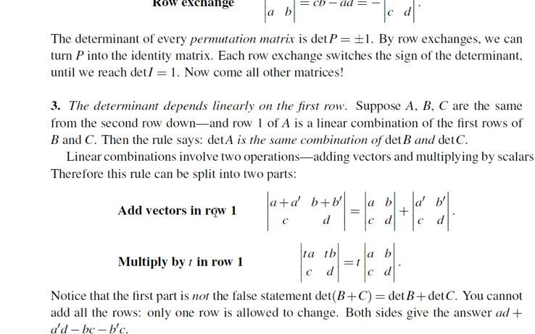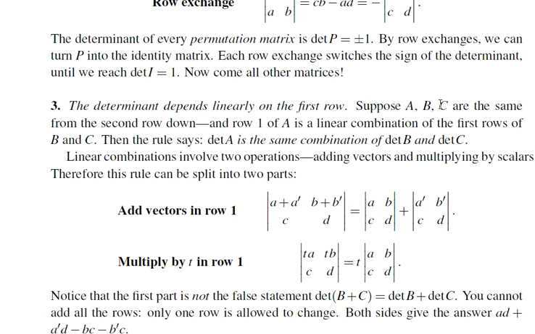Now the next property is regarding a matrix with first row A plus A dash, B plus B dash, and second row C, D. Whenever such cases are there, we can write this matrix as the sum of the matrix A, B, C, D plus the matrix A dash, B dash, C, D. That has been indicated in the third property.